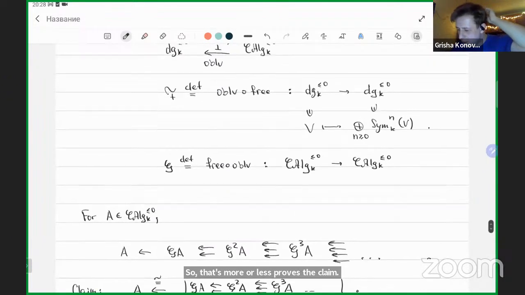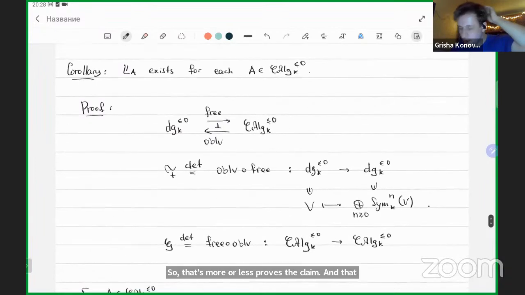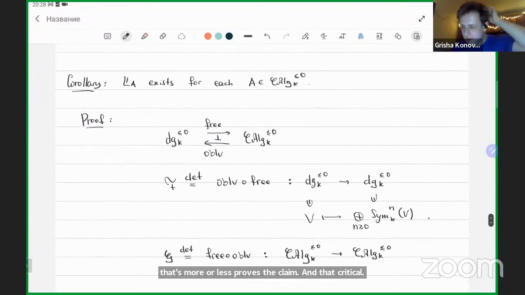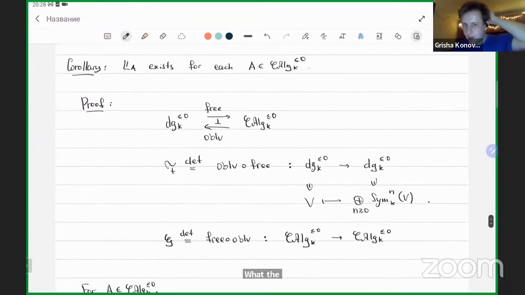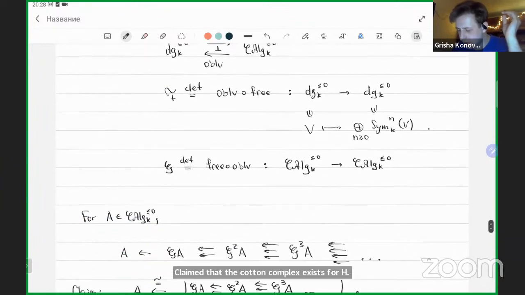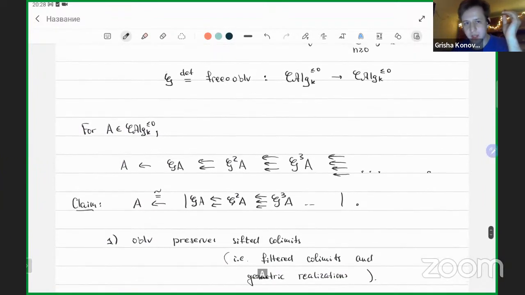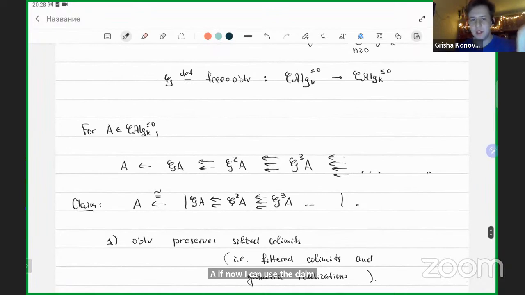Let me recall what the Kähler statement claimed: the cotangent complex exists for each A. Now I can use the claim. By virtue of the claim, I am able to write any algebra as a colimit of free algebras.